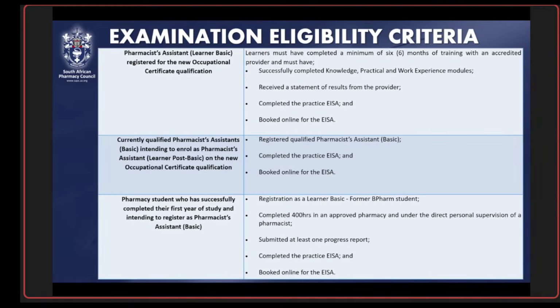And if you're currently a pharmacy student registered under the pharmacy assistant basic course, you must obviously be registered on our register as a learner basic, former BPharm student. You must have completed 400 hours in an approved pharmacy under the direct supervision of a pharmacist, submitted at least one progress report, completed the practice EISA, and also booked online for the EISA and paid the applicable fee.